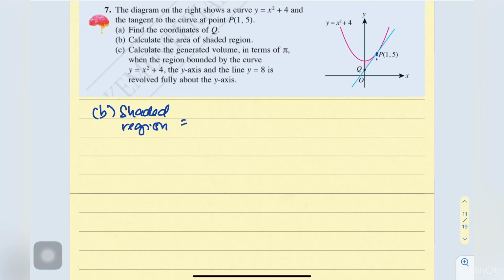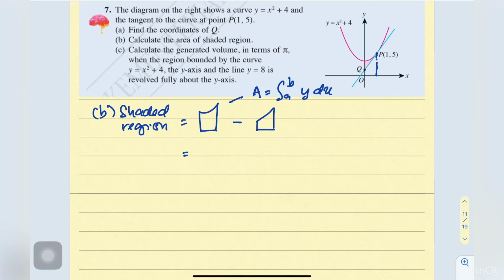The shaded region is actually the area under the graph minus the trapezium. For the area under the graph, we use the formula area equals integral from a to b of y dx because a and b are values of x.